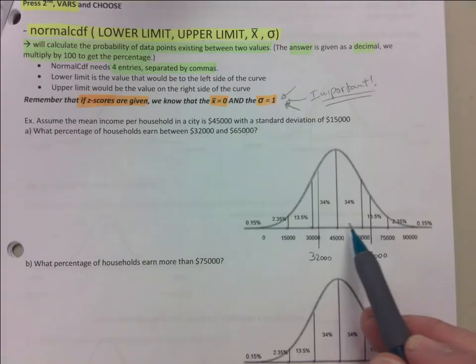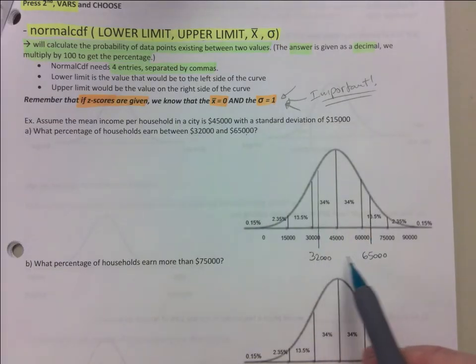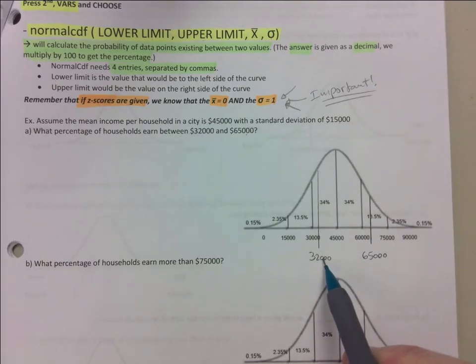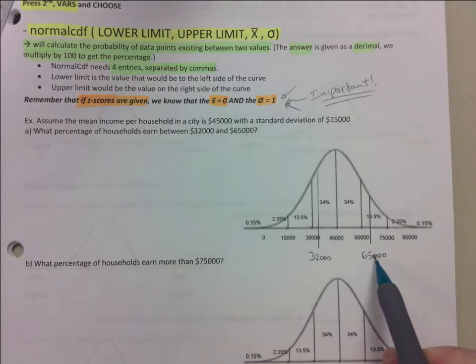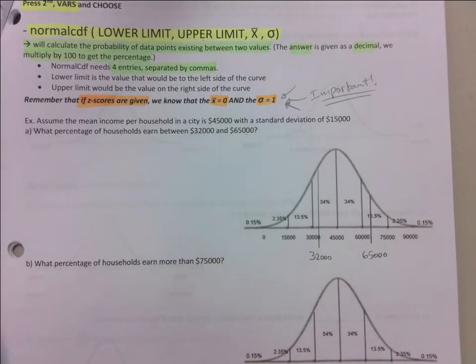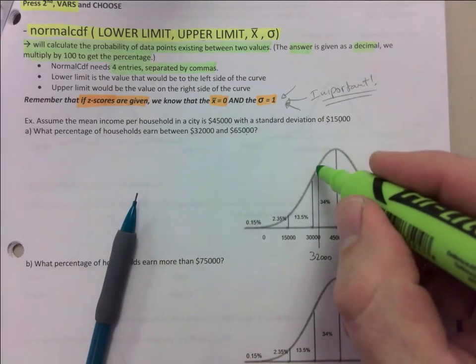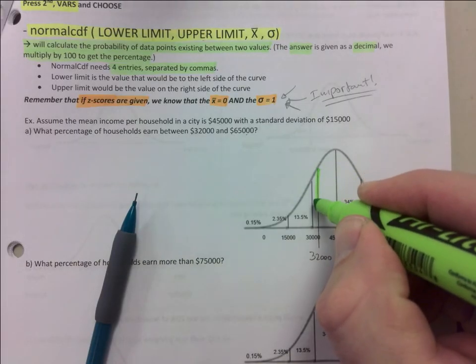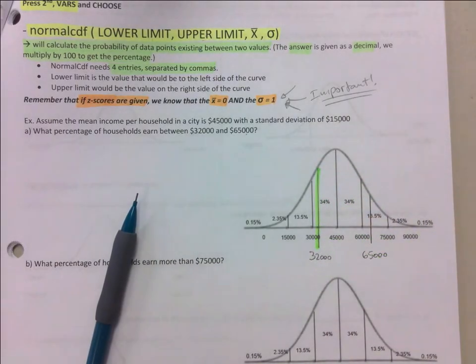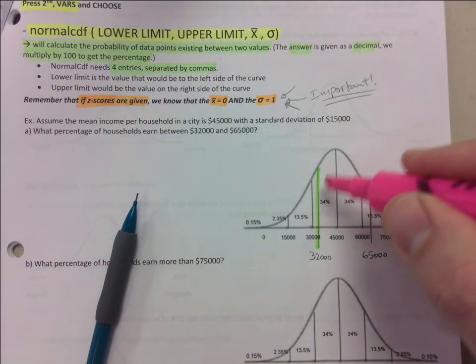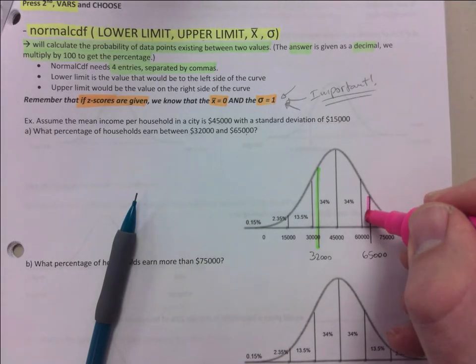So we want to know the percentage of families or households that earn between these two amounts. And we can figure that out exactly, okay? So I'm going to use green for start, pink for stop. We're going to tell the calculator, starting here at 32,000, start to calculate the percentage under the curve and then stop right here.